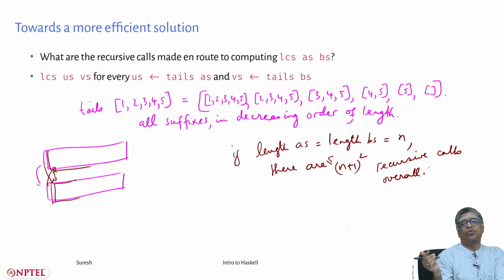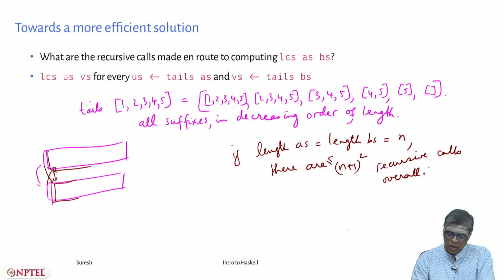Ideally, what we would like to do is, since you are computing n plus 1 the whole squared values, you should store them in some organized manner and be able to extract the precomputed values and use them in subsequent computations. This is what we aim to do. Let's see how to do this.